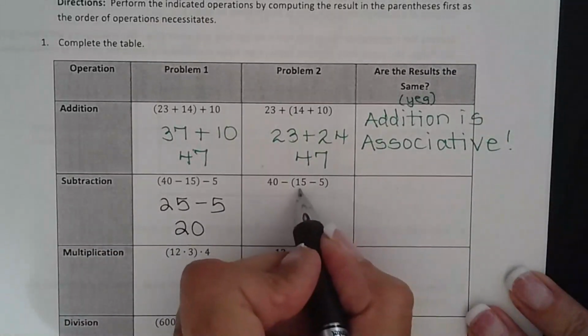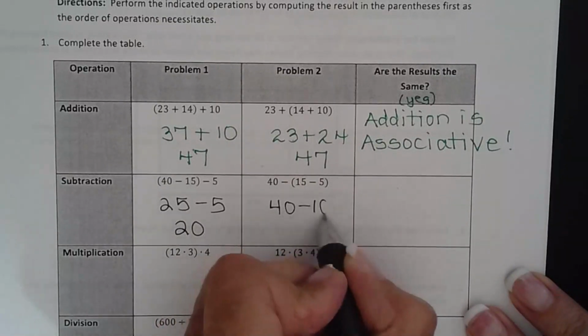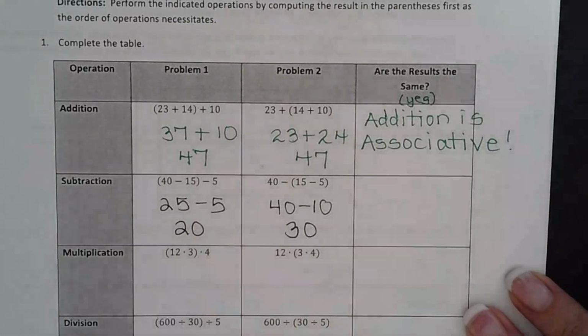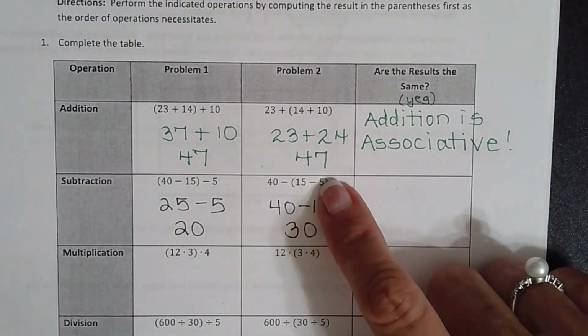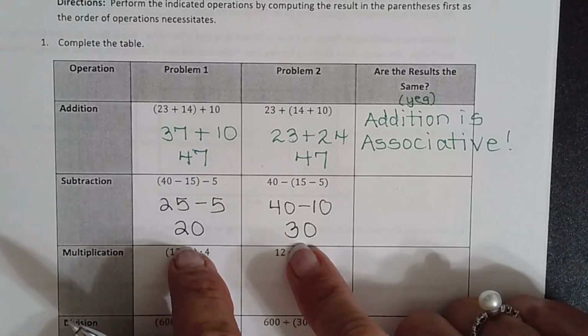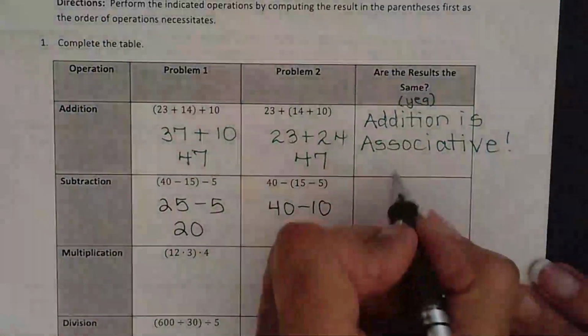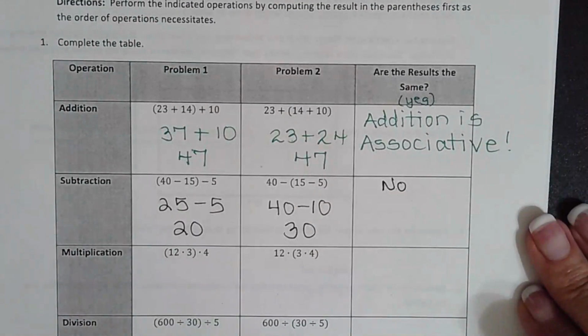Here, doing parentheses first, 15 minus 5 is 10, 40 minus 10 is 30. So first I group the first two together, on the second one I group the last two together, and I see the answers were not the same, so that means subtraction is not associative.